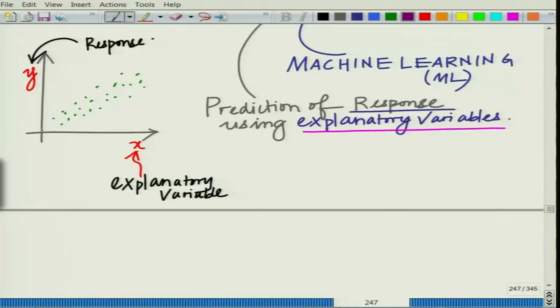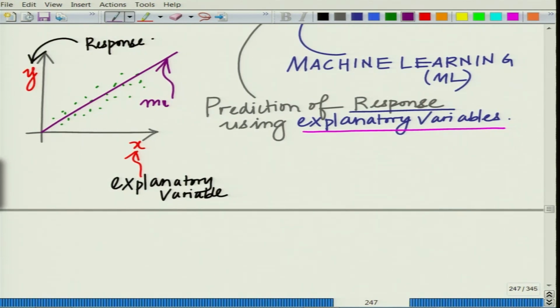That is, knowledge of the explanatory variable can help you predict the response of the system, and this can be done, as you might have already guessed, by fitting a model through this, and this is essentially your model, or what you are terming as your linear model.